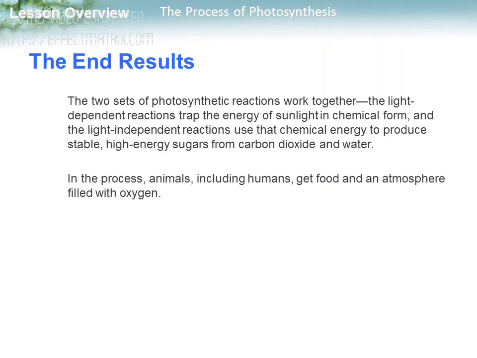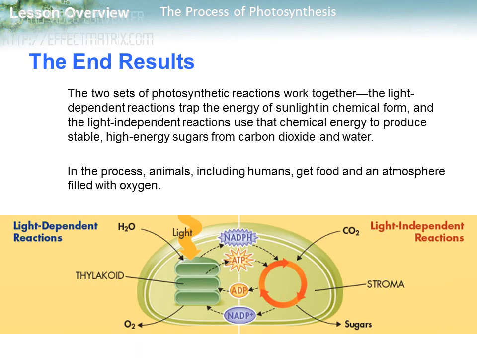Well, now let's see the end results of the two reactions. The two sets of photosynthetic reactions work together. The light-dependent reactions trap the energy of sunlight in chemical form, and the light-independent reactions use that chemical energy to produce stable, high-energy sugars from carbon dioxide and water.